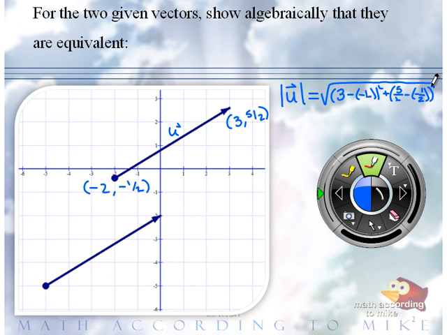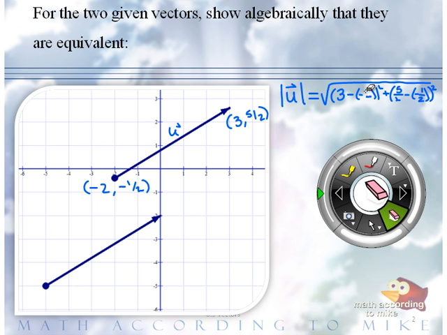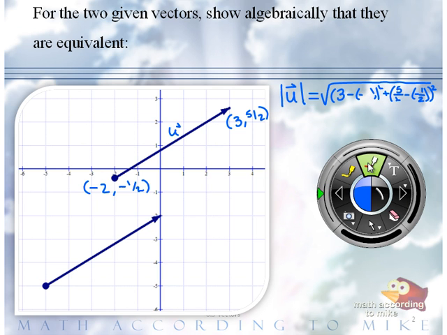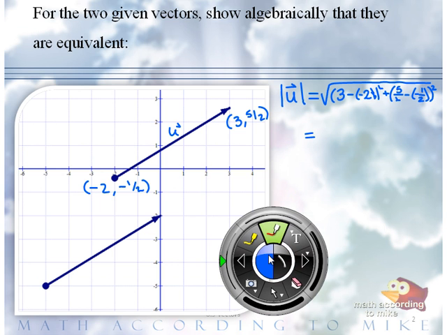There you go. What is the square root of 3 minus -2 quantity squared plus 5/2 minus -1/2 quantity squared?